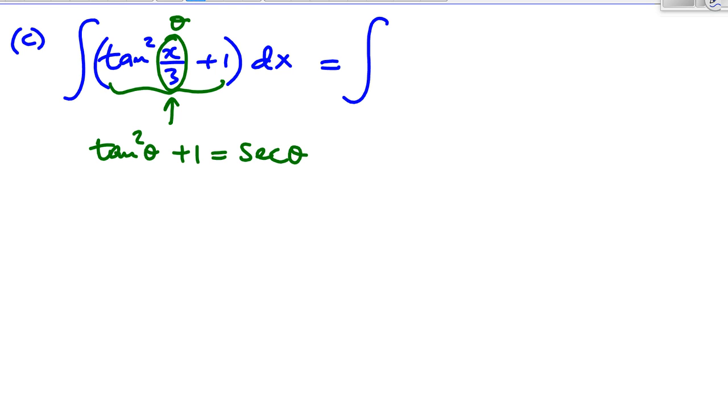I forgot something here, this is secant squared. So I'll end up with the integral of secant squared x over 3 dx.